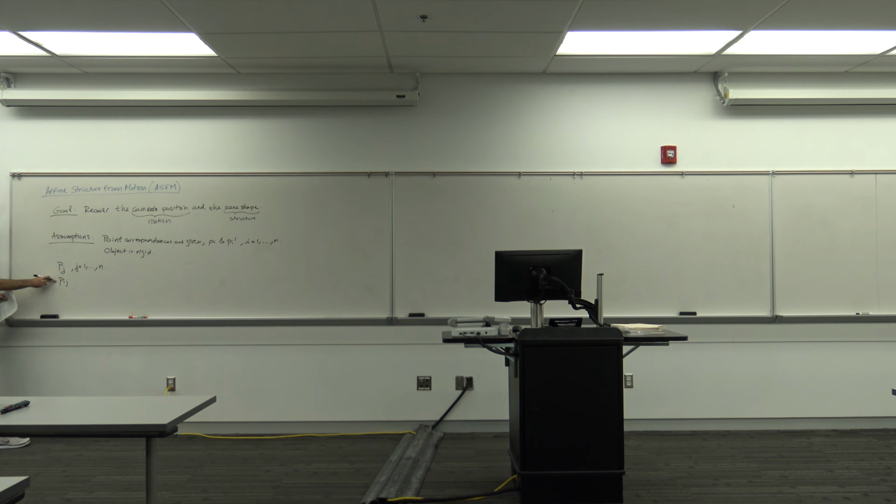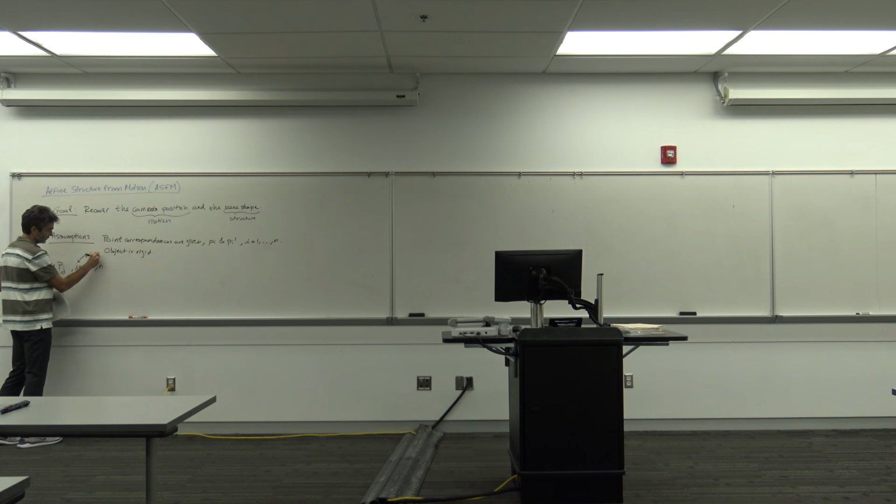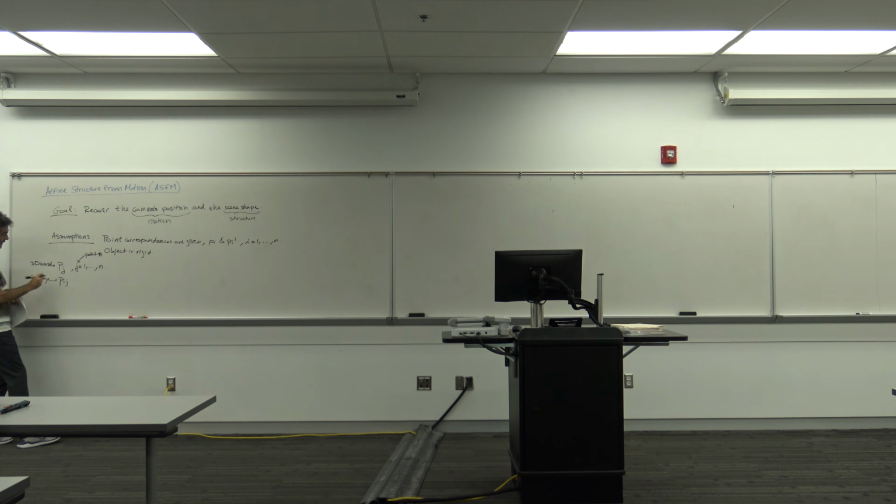So this is the image, and this is the real world. So this is the 3D world point, and this is the 2D image point. Okay. Now, if this is the jth point, this specifies the j, the point number, if you will. And i specifies the camera now, or the camera number.